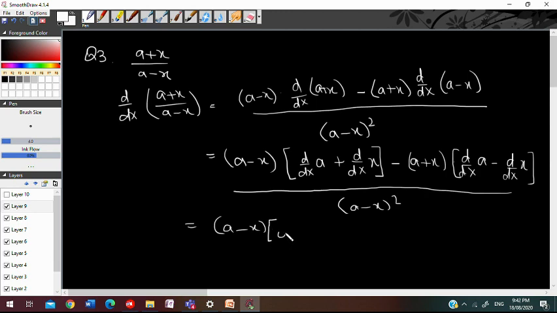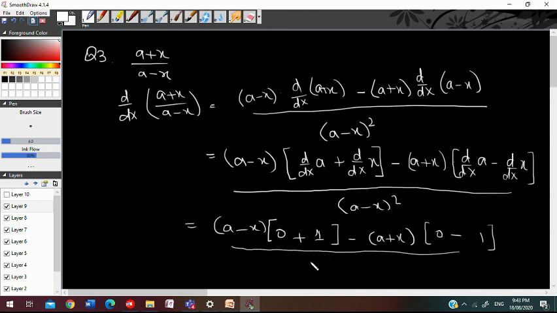We get 0 plus, and here x and x, the dependent variable and independent variable, are both the same. So here we get this 1 minus (a + x) the same, and here again a is a constant, and we are calculating the change of a constant with respect to x, we get 0 minus 1, and whole divided by (a - x) whole square.